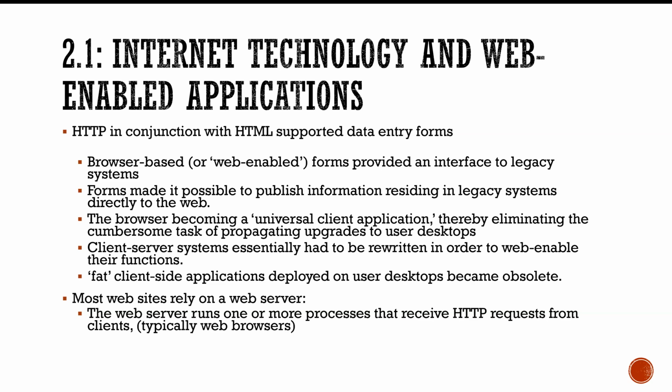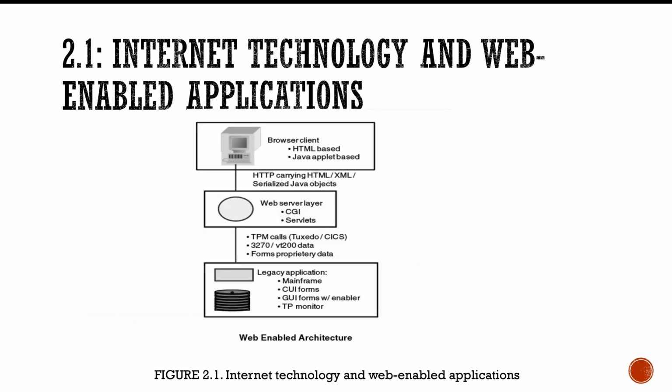Most websites rely on a web server, which runs one or more processes that receive HTTP requests from clients, typically using web browsers. Here's an example. You have a browser that is running HTML. It might be running some Java.